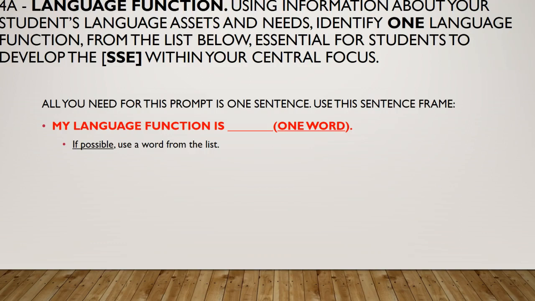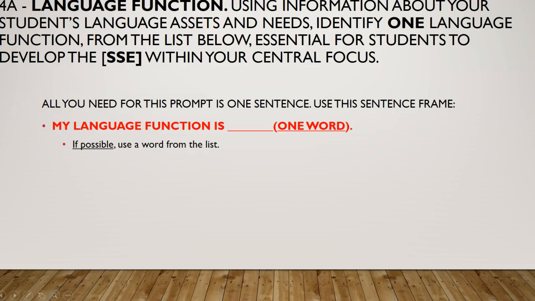So using the information that you know about your students' language assets and needs, identify one language function from the list below, essential for students to develop the, whatever your SSE is.